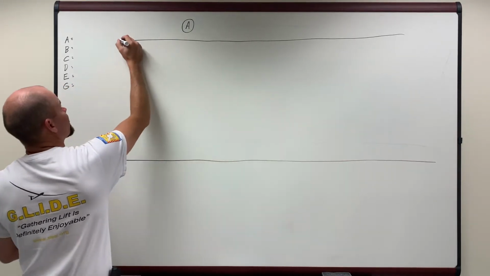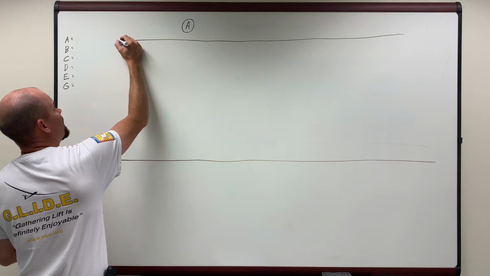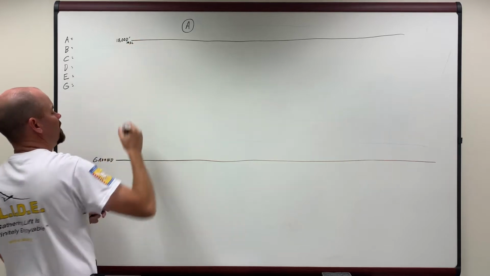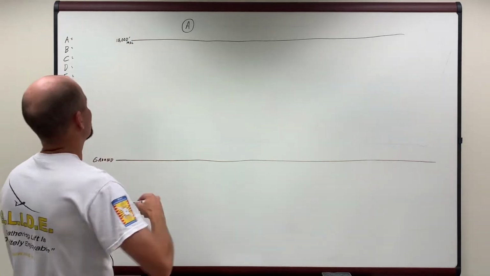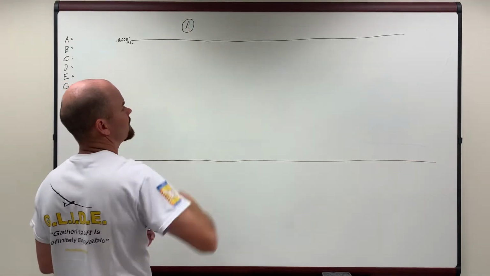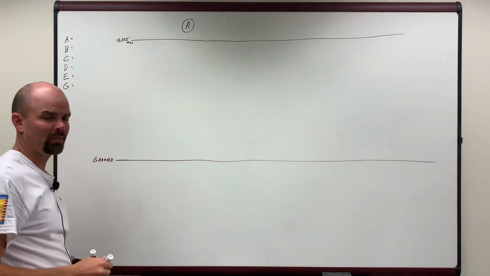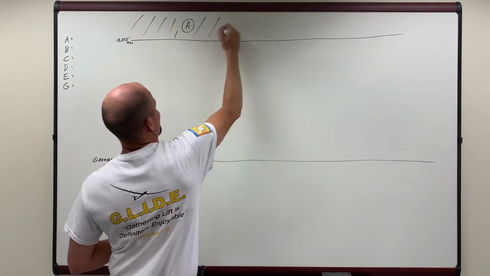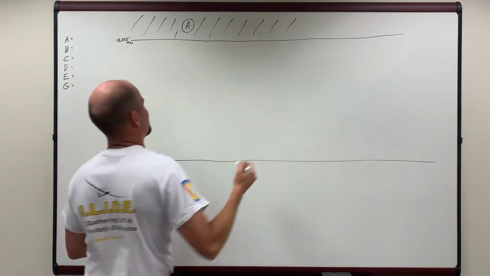It's everything above 18,000 feet MSL, above mean sea level. 18,000 feet and above is Class Alpha airspace. All of this up here is Class Alpha or Class A airspace.